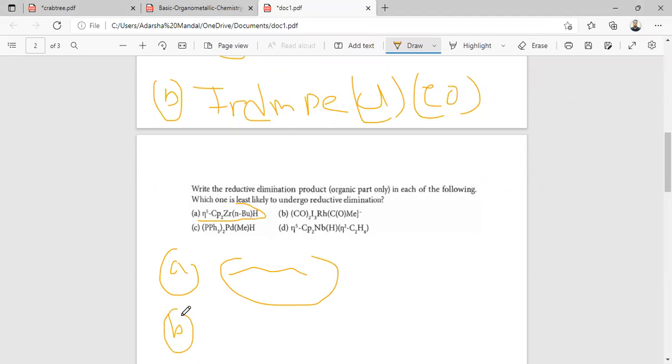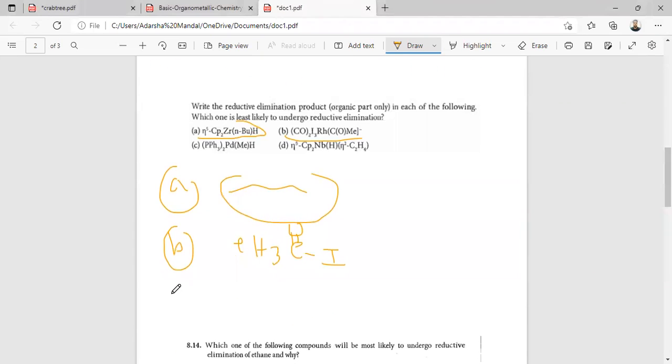For B, it gives CH3 C double bond O I as the reductive elimination product, and for C, methane will form.